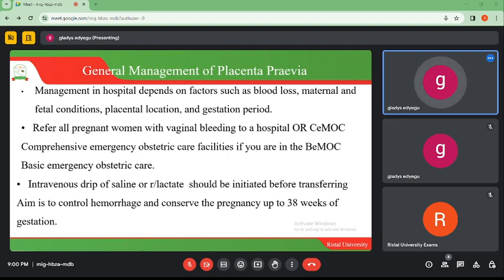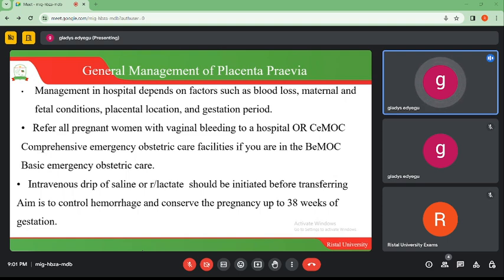Being in a CEmOC facility means that you are either in a health center, in the hospital, in a regional referral hospital, or in the national hospital. These facilities are able to provide theater services. They have the doctors and the anesthetists, the key people supposed to provide those skills in order to save these mothers.